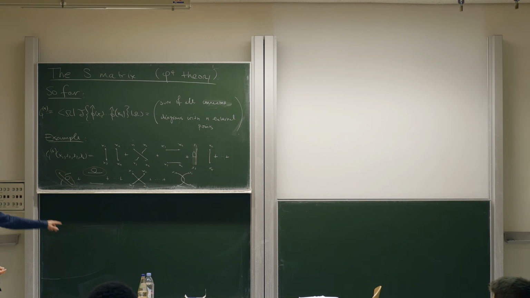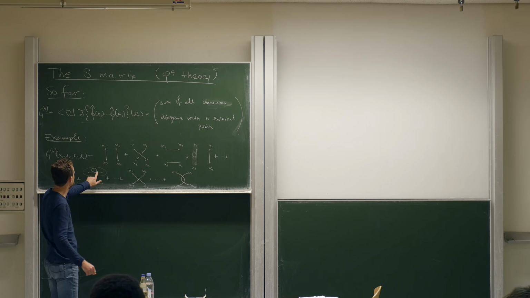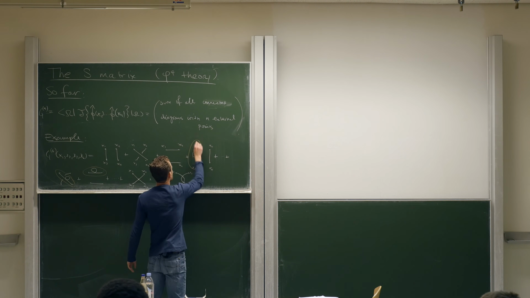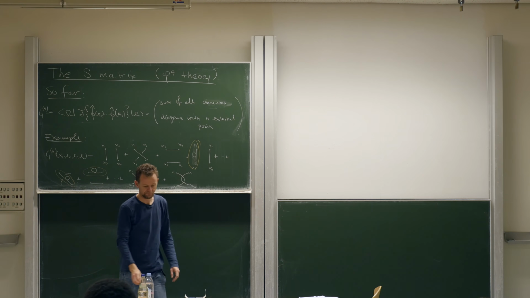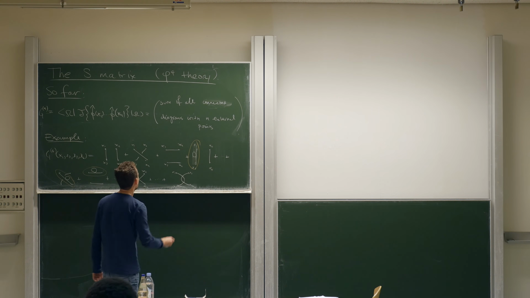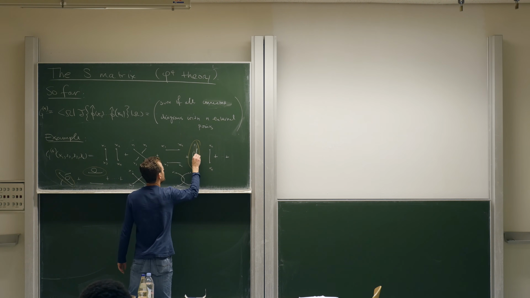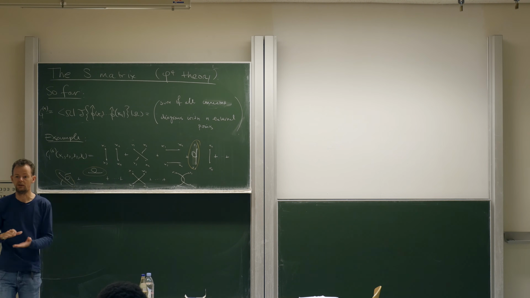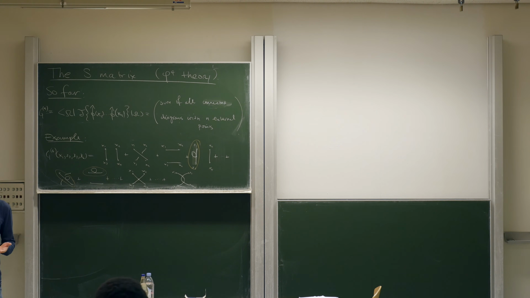So we're going to get rid of diagrams like this. Today's task is to get rid of the orange ones. And the argument we're going to use is very similar to this vacuum bubble cancellation, but it's an argument tuned to the observable of the S matrix.